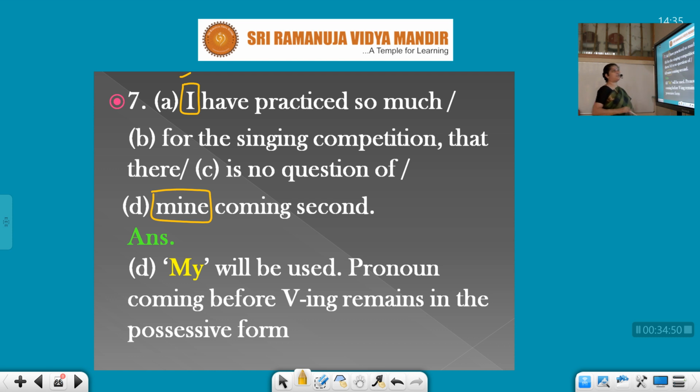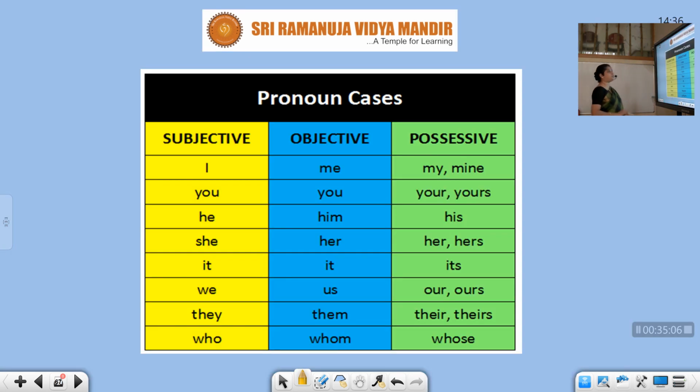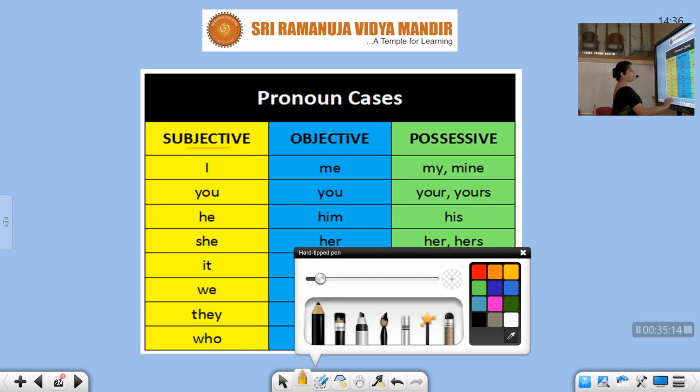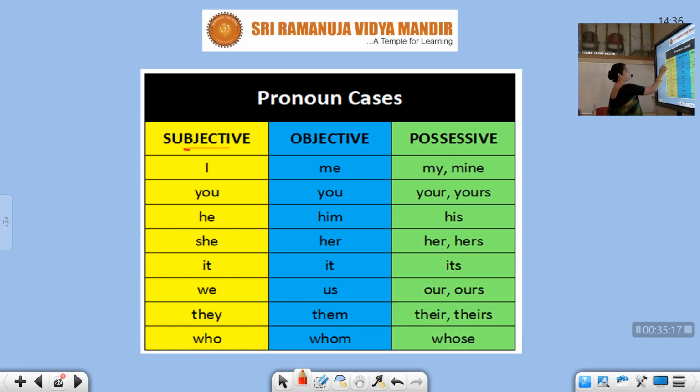So that's correct. There's no mistake over here. So now your doubt arises here. Maybe this is wrong, or maybe it's correct also. Maybe there's no error. So let us go for it. I have practiced so much for the singing competition that there is no question of dash coming second. So when you're going with this, look into the pronoun cases. I've explained you these pronoun cases: subjective, objective, and possessive. You remember, students, subjective, objective, possessive. What are subjective? I. This is first person singular.